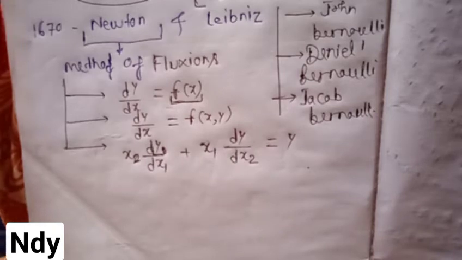So Bernoulli, Lagrange, Euler, Leonhard Euler, D'Alembert, Maxwell. D'Alembert gave a wave equation, which you might have heard about in your 11th standard.